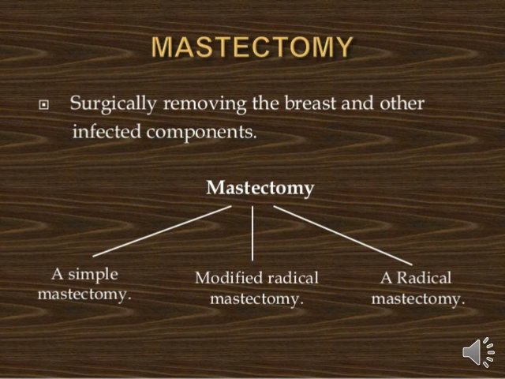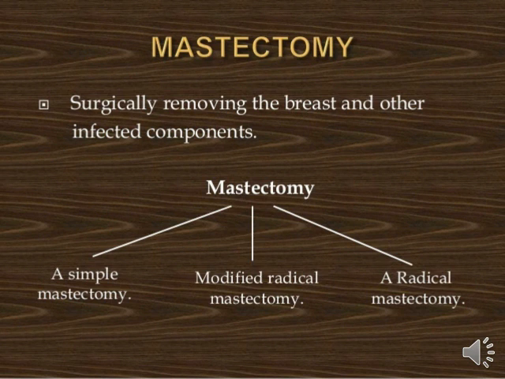What do we do in this surgery? We remove the affected part of the breast tissue by a surgical incision in the site of the breast. So that is mastectomy surgery.